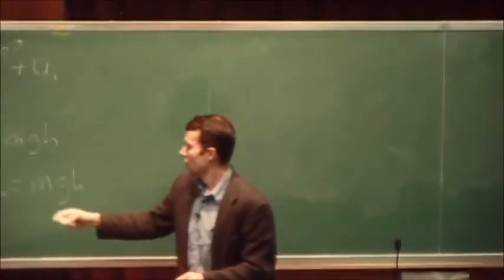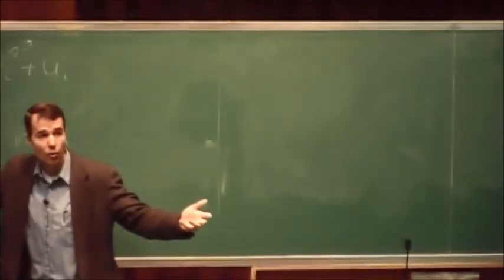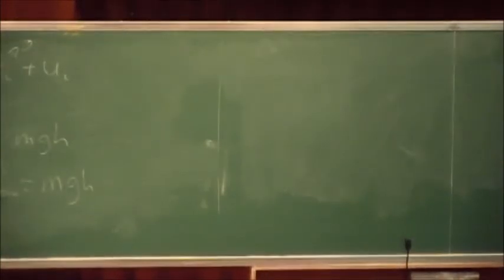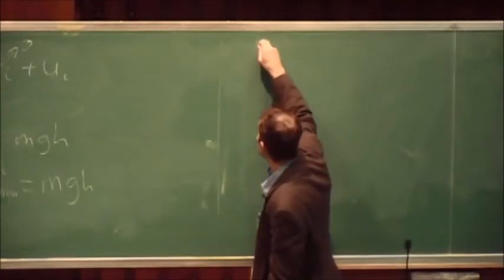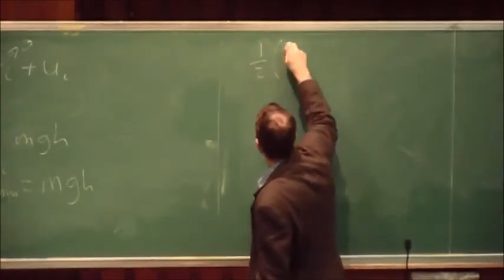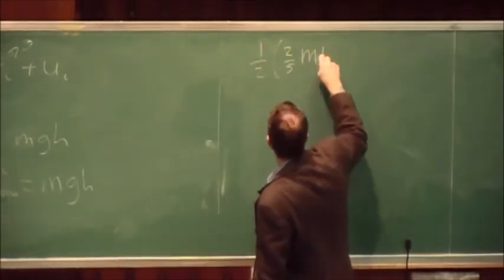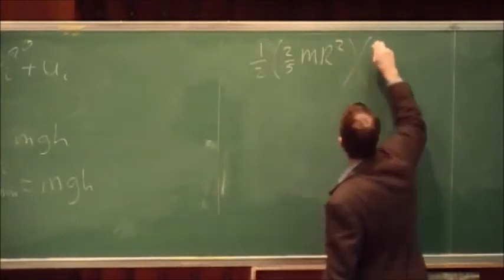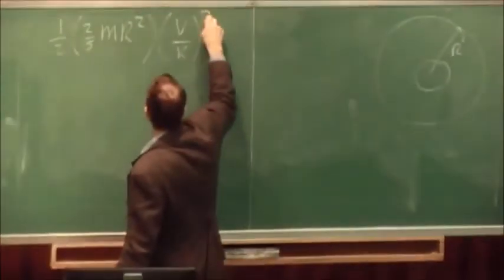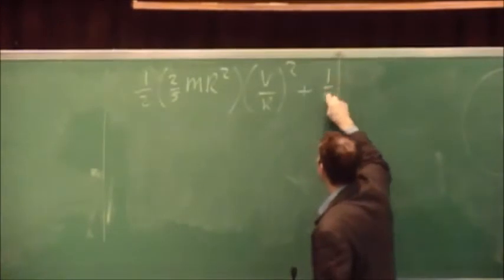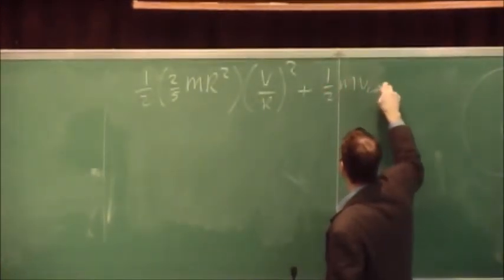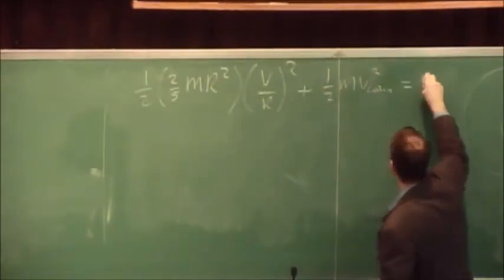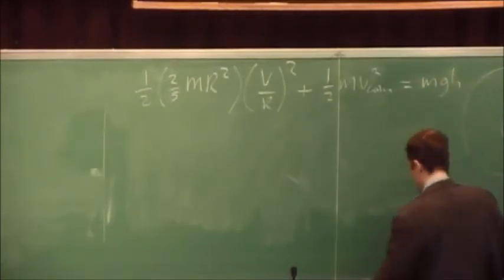Now for a sphere, the moment of inertia is 2/5 mr squared. So we get 1/2 times 2/5 mr squared, all over v over r quantity squared, plus 1/2 m v center of mass squared, is equal to mgh.